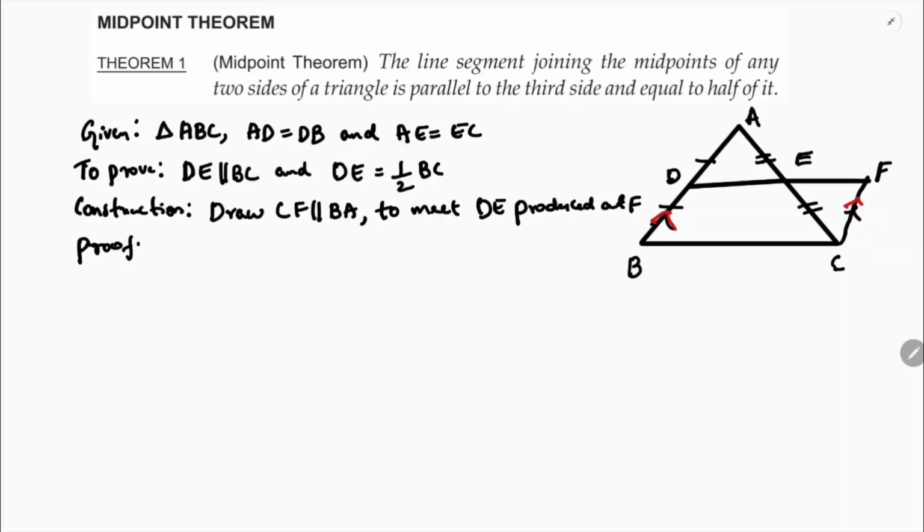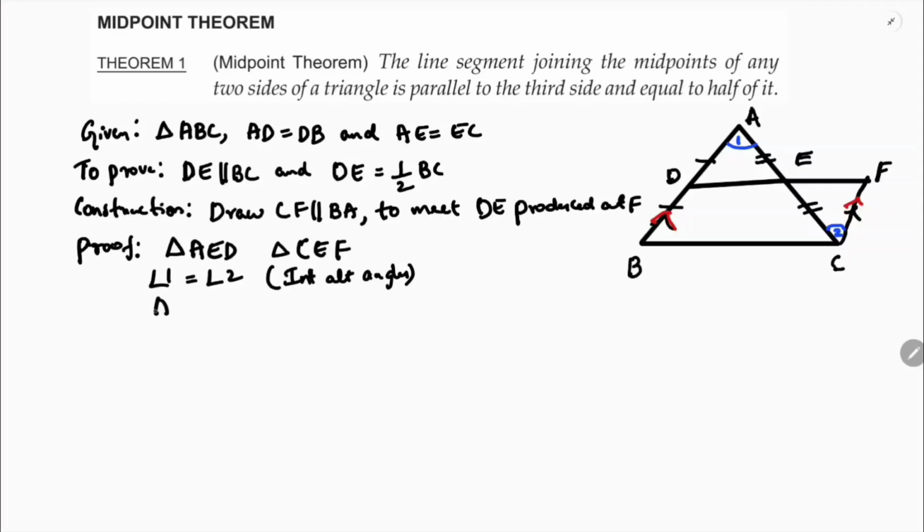Now the proof. I'll take triangle AED and triangle CEF. In this, first, angle 1 equals angle 2, interior alternate angles.